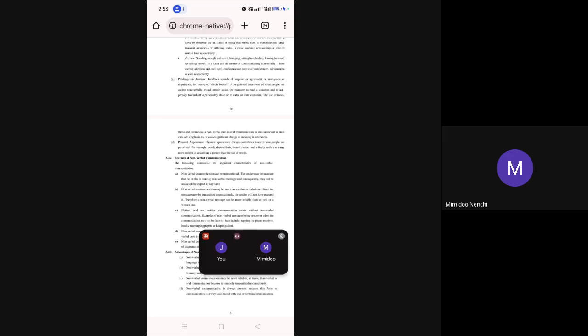Then another thing is that non-verbal communication may be more honest than a verbal one. Non-verbal communication may be more honest than when you say something with the words of your mouth. Since the message can be transmitted unconsciously, the sender will not have to plan it. You don't need to plan except if you rehearsed.